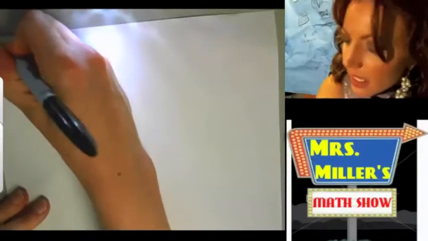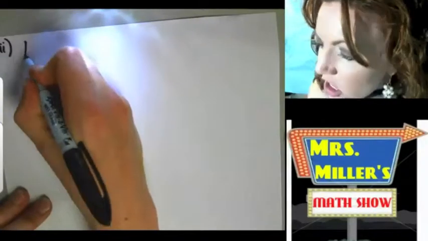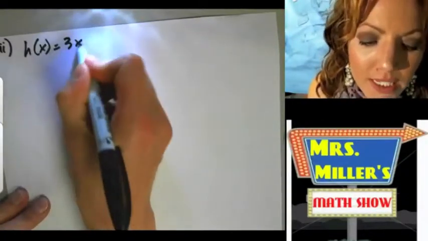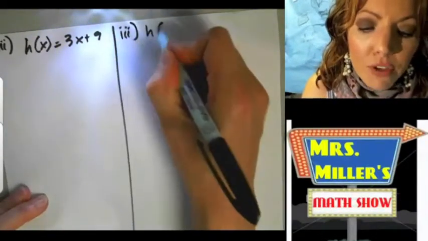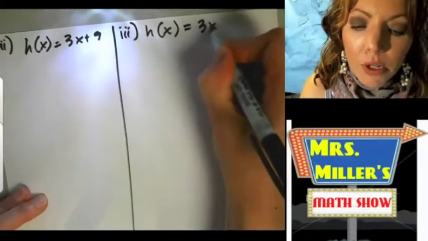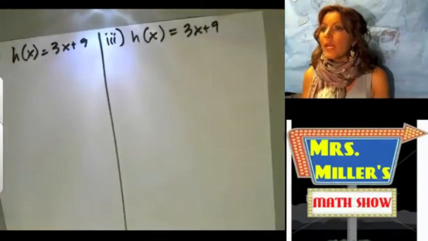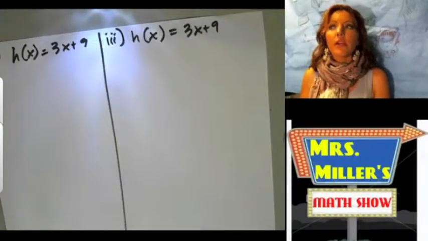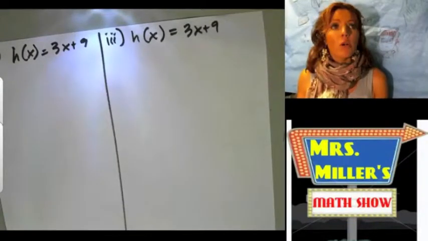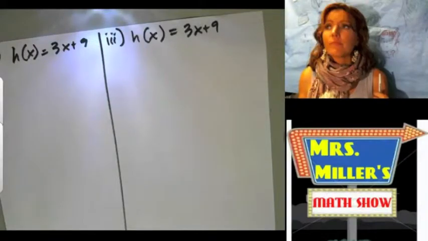So let's do h of x equals 3x plus 9. Remember, you only have to worry about this domain stuff if you have a denominator with a variable in it. Okay, so do we in this problem have a denominator with a variable in it? No. So what do we think? Thane?